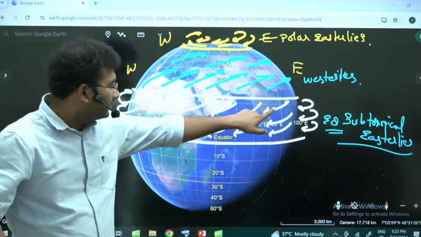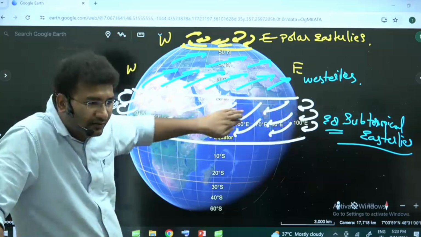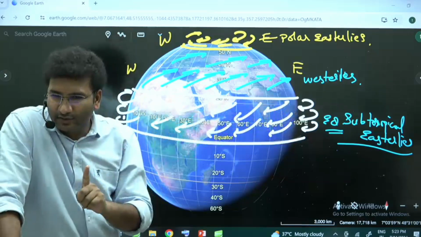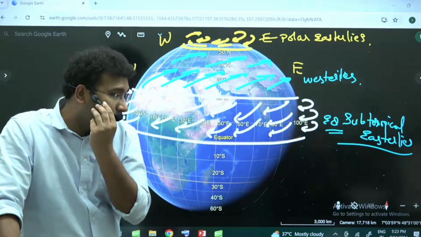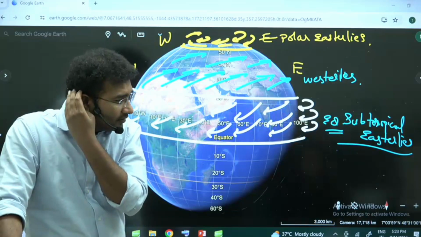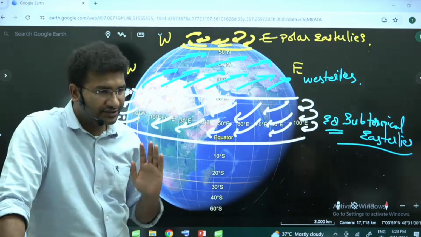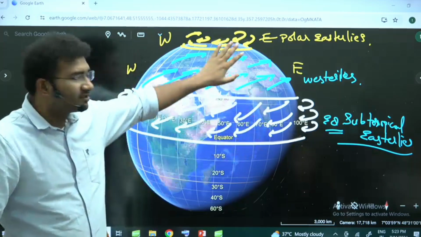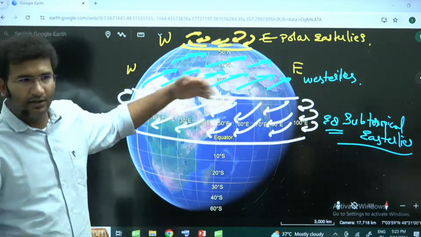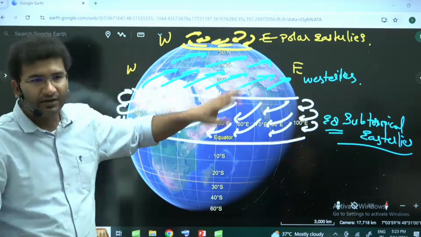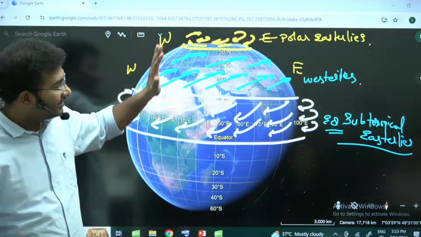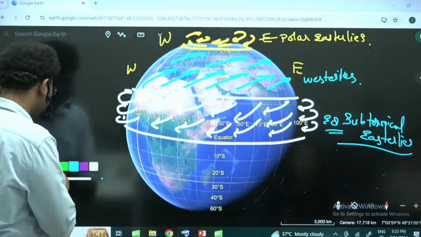Suppose in this belt the winds are moving in this direction, don't you think the water should also move in the same direction? Why are waves generated? The waves are generated because winds create waves. So in totality, this is something you need to remember to understand how the movement of the water takes place. Let us try to understand this phenomenon.